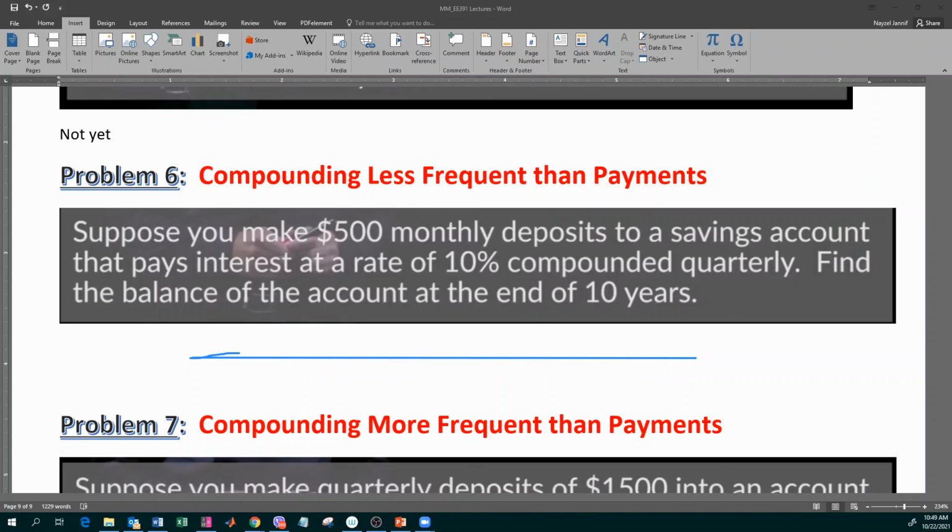All right, and then we have 1. How many years, guys? 10, right? Now we have to apply our cash flow diagram to this.